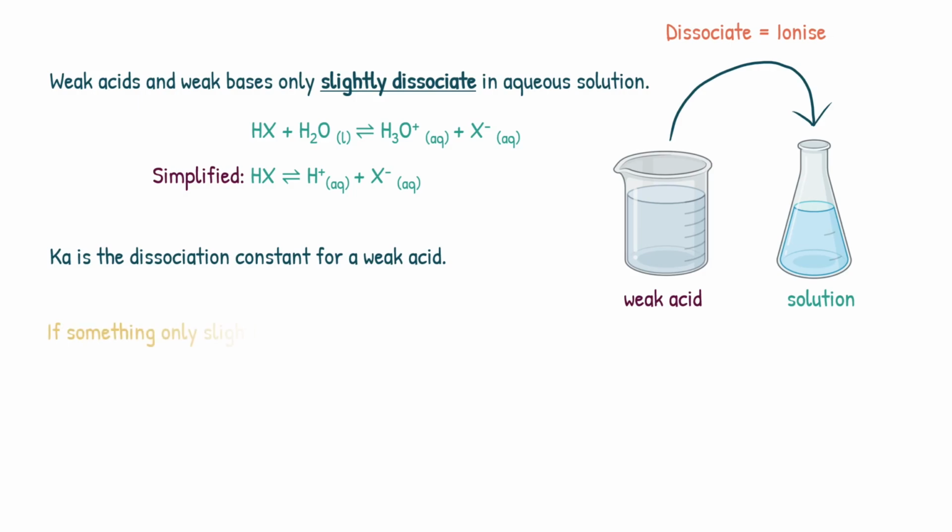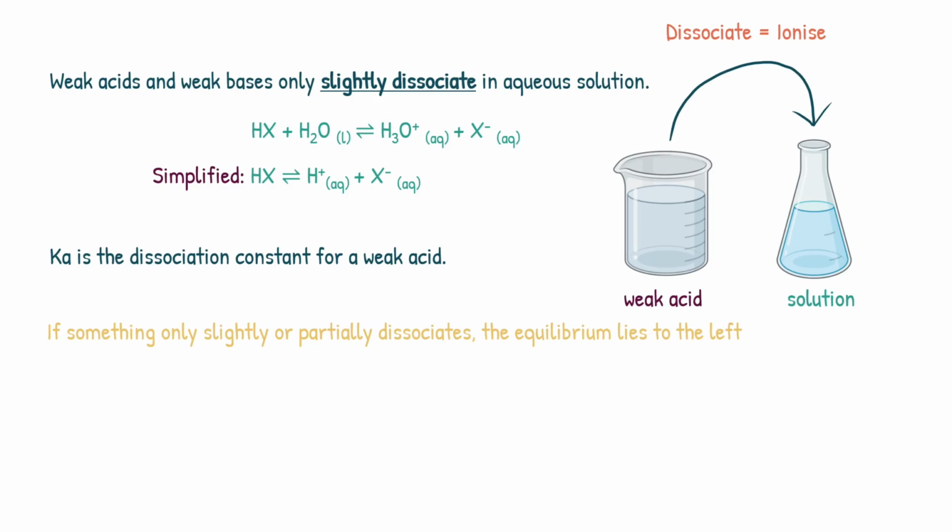So this word you'll see come up is slightly dissociate. What does this mean? If something only slightly or partially dissociates or ionizes, the equilibrium lies to the left. So the weak acid barely breaks apart into its constituent ions, the ions that make it up. The way you can think of it is it holds its form, it holds its bonds together, and it doesn't break up in solution.